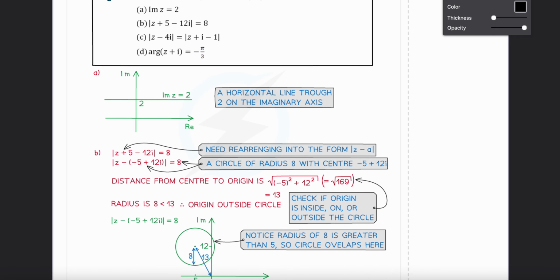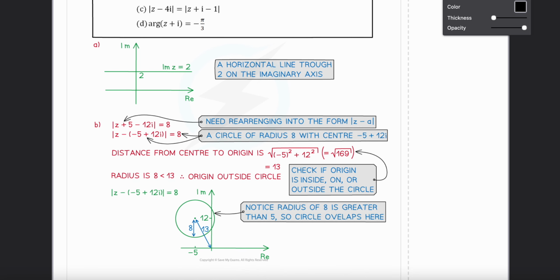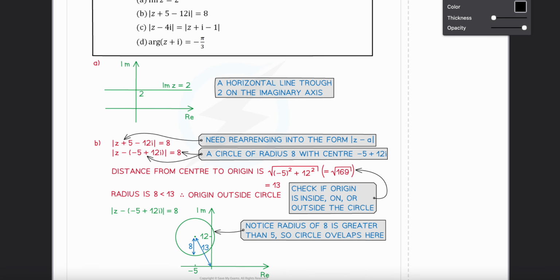And then the other thing that we have to take note of is we have to see, on our circle, is the origin within the circle or is it outside of the circle, right? And I said we apply the Pythagoras theorem. So we are applying the Pythagoras theorem on minus 5 plus 12. So that is minus 5 squared plus 12 squared, and then we find the square root of it, and we get 13.